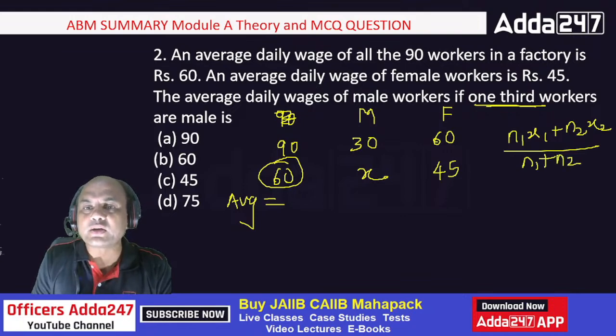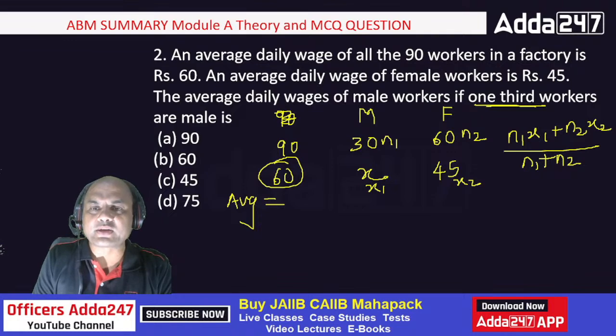I'll write it over here so that it becomes easier. Now what is N1 and N2? N1 and N2 are the numbers. This is X1 and this is X2. Okay. So my answer over here will be, average is what?